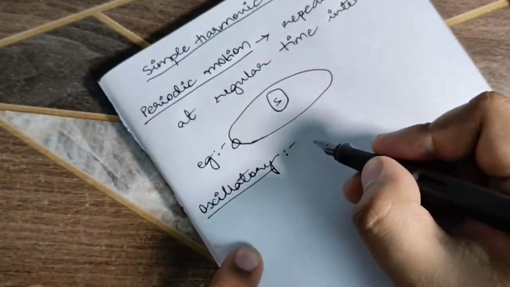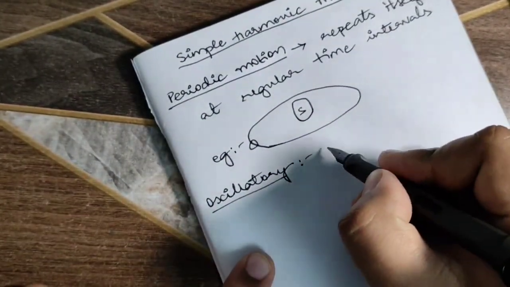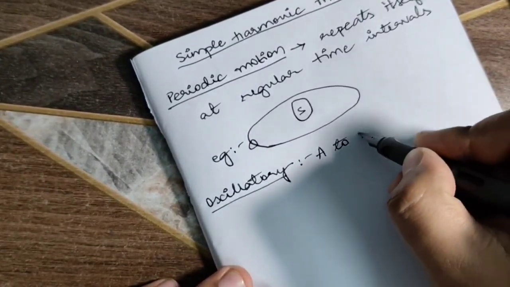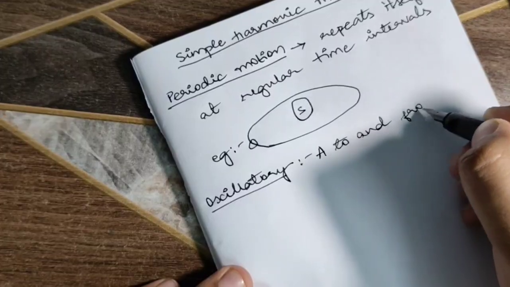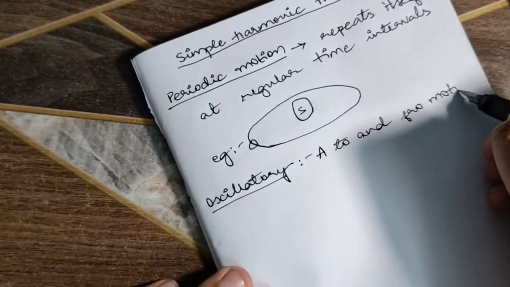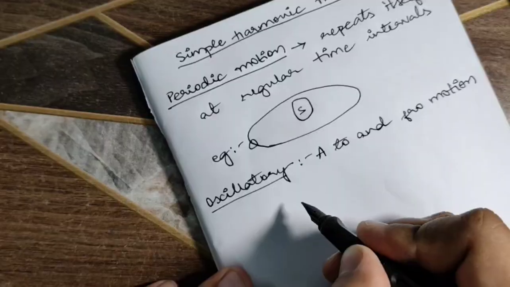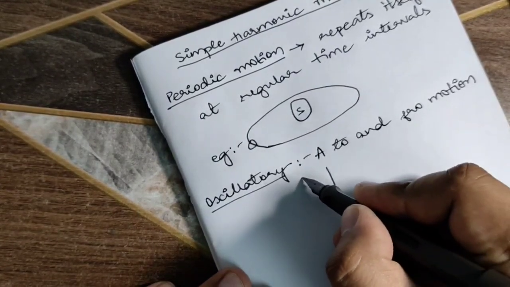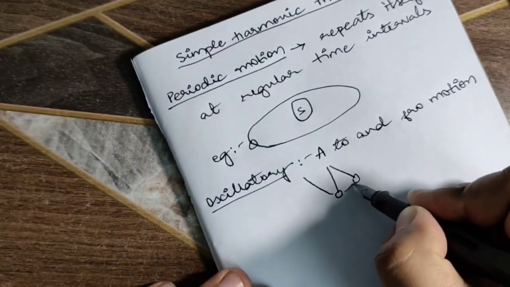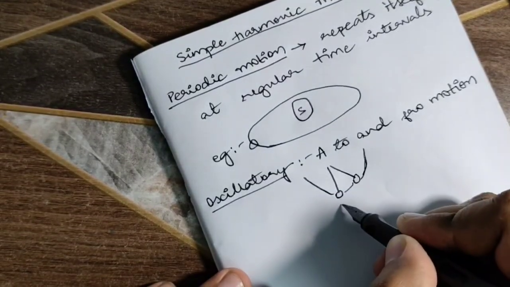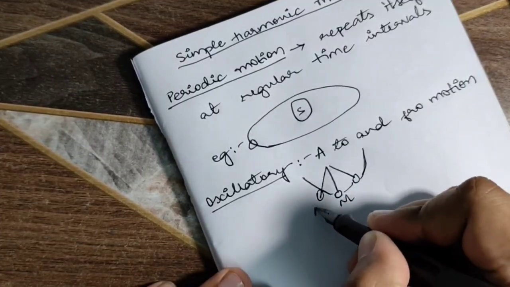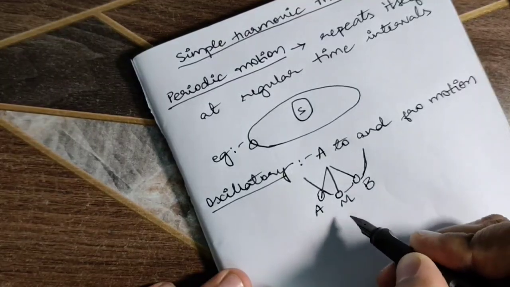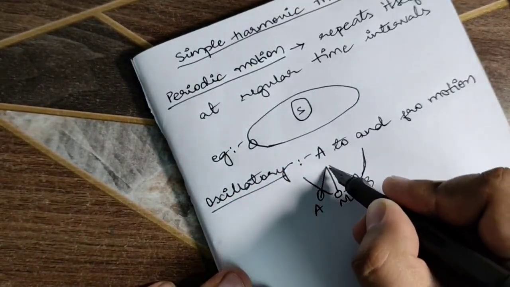How? We'll see now. For example, we can quote a to and fro motion. Suppose you have a pendulum. It moves from the mean point to point A, then again to the mean point and to point B. This is a to and fro motion, and observe carefully.